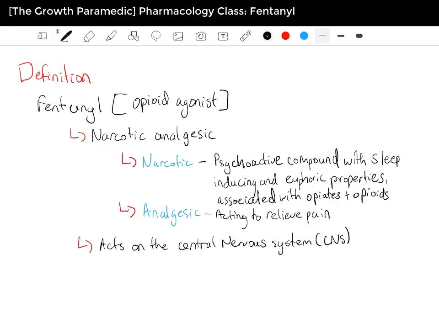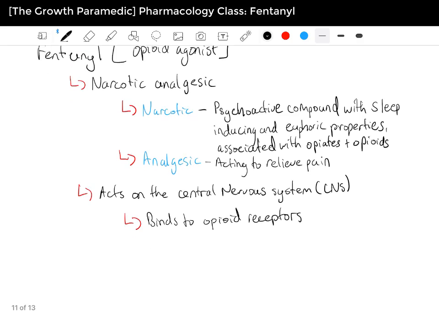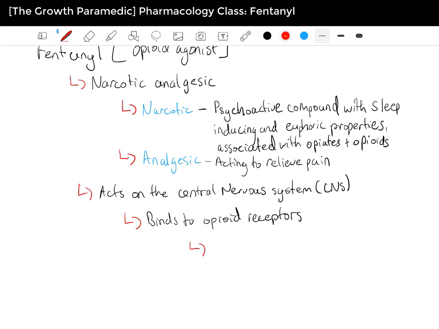And it does this by binding to opioid receptors. I'm only briefly mentioning it here, and I'll go through it in the pharmacodynamics, but it binds to opioid receptors, and this binding causes an analgesic effect, so pain relief, and sedation effects.